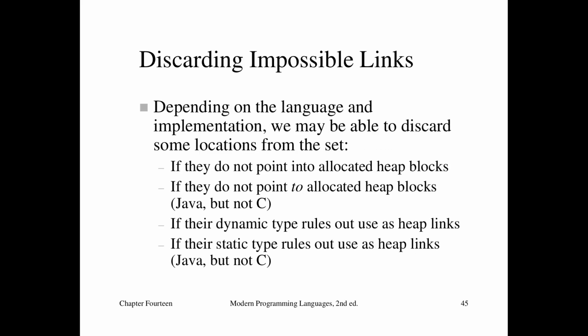We want to discard impossible links. Depending on the language implementation, we may be able to discard some locations from the set. We don't have to worry about any locations that don't actually point to allocated heap blocks.